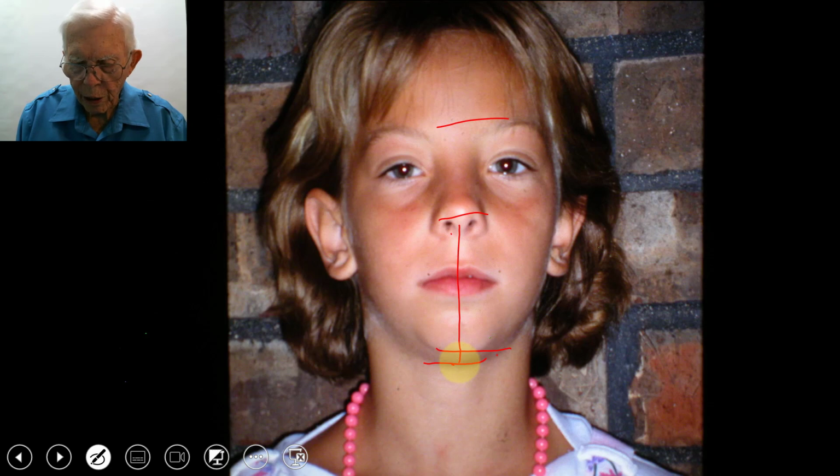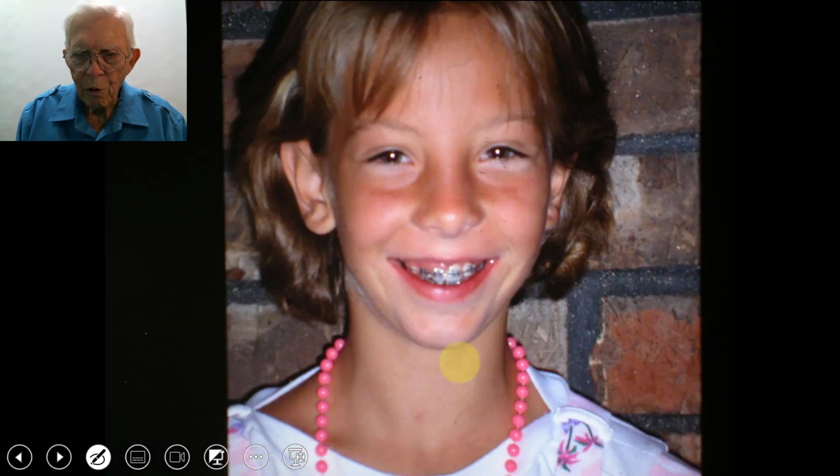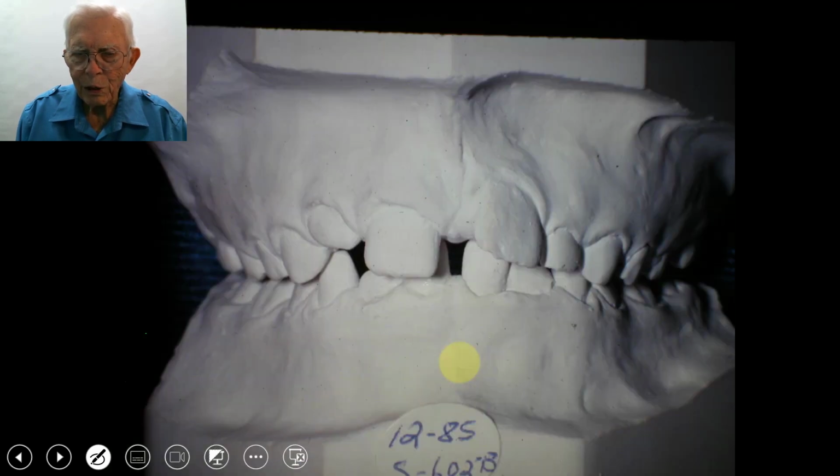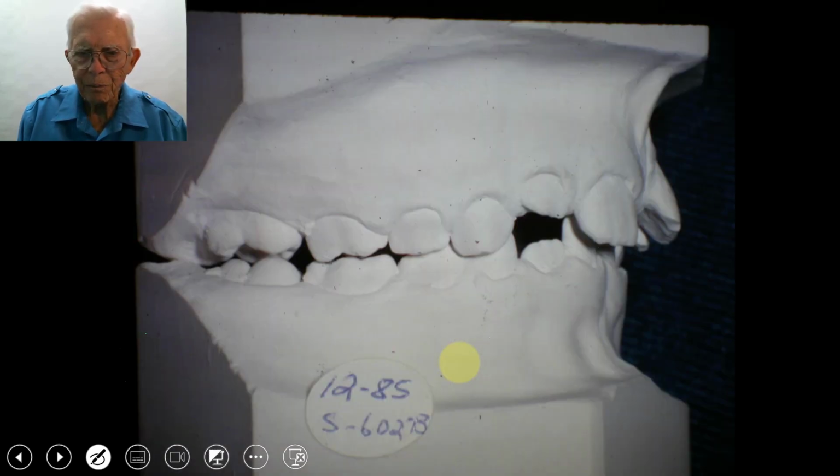So let's go ahead and look. We've already started this young lady, and we'll send her to the ENT man to do the adenoid tissue actually before we start the orthodontics. So we've taken care of that.